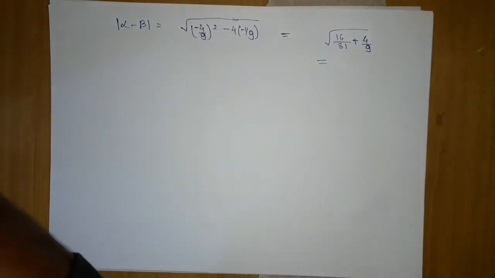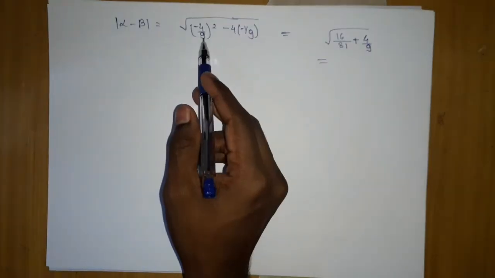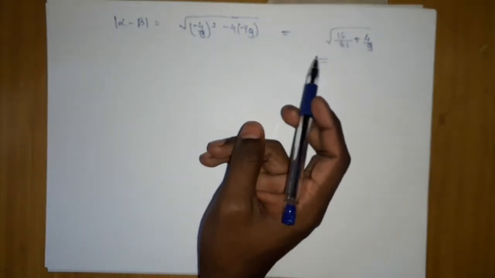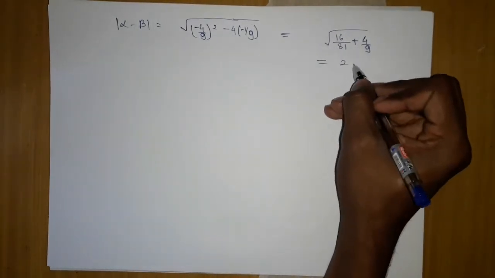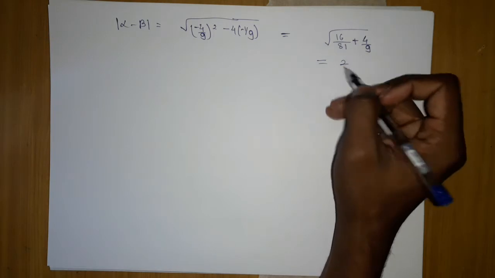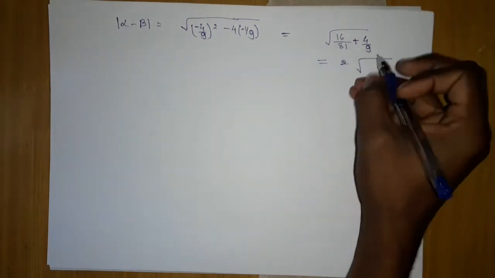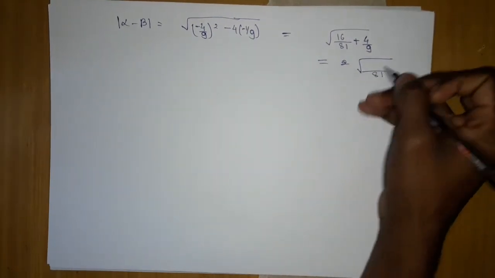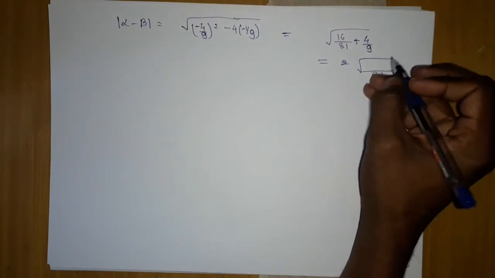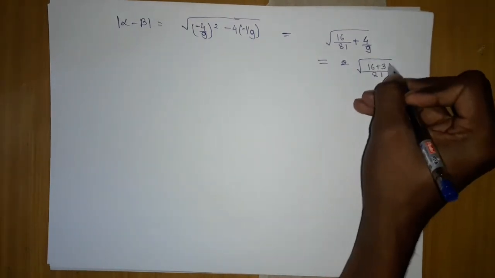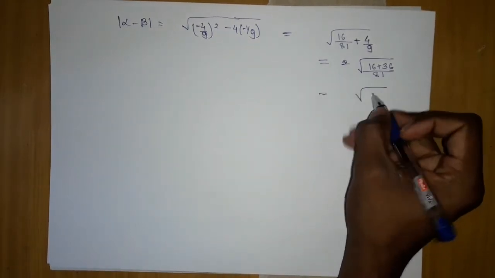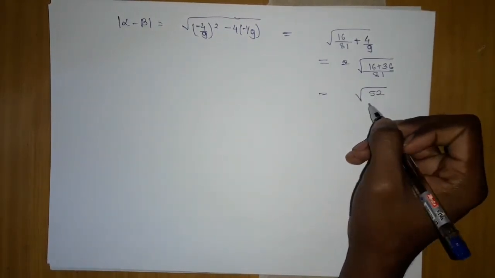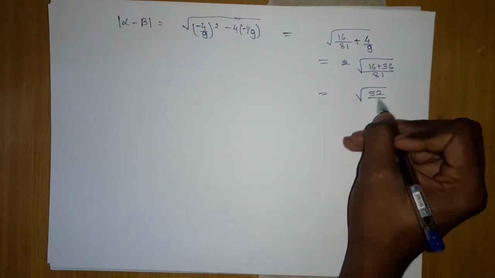Let me just see again. We have minus 4 by 9, here we got 9 by a square. So 4 into 9, we can move 2 outside. Let's simplify this. To make the denominator the same, 81 upon, for this to be 9, 16 plus 36. What we are getting is under root 52 upon 81.